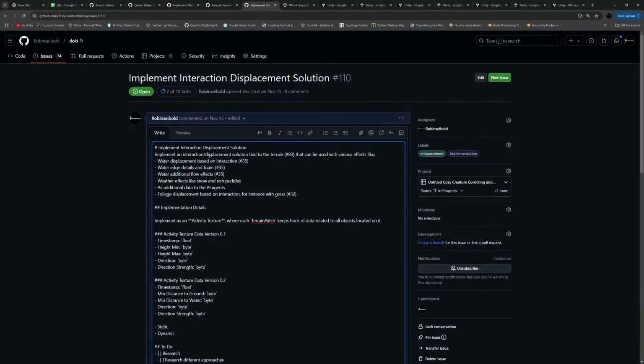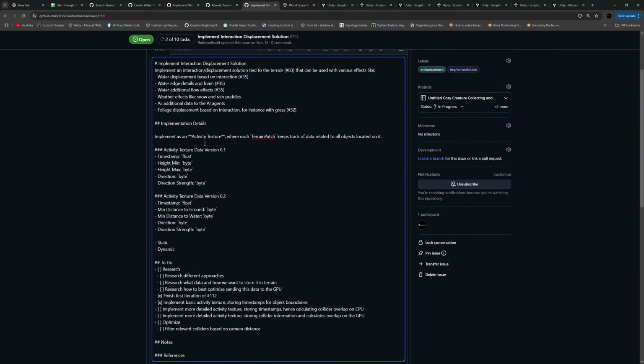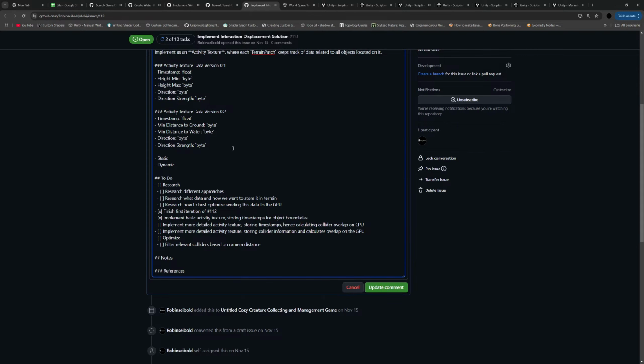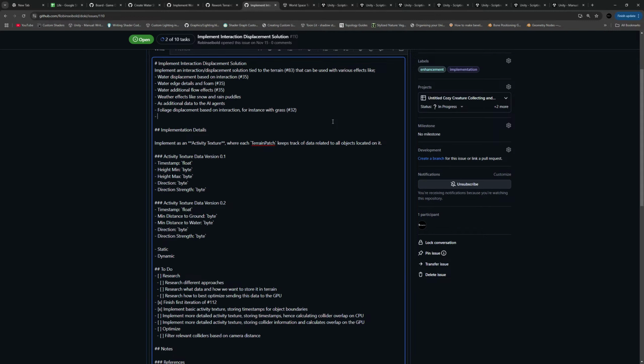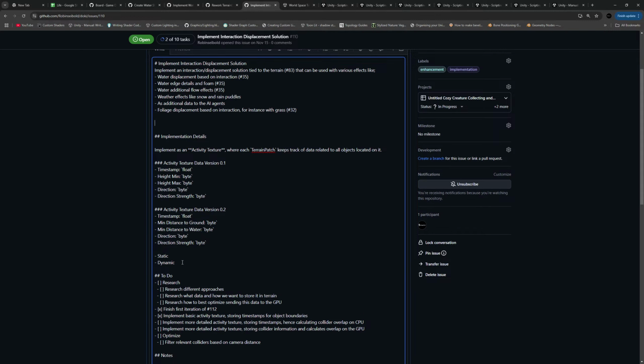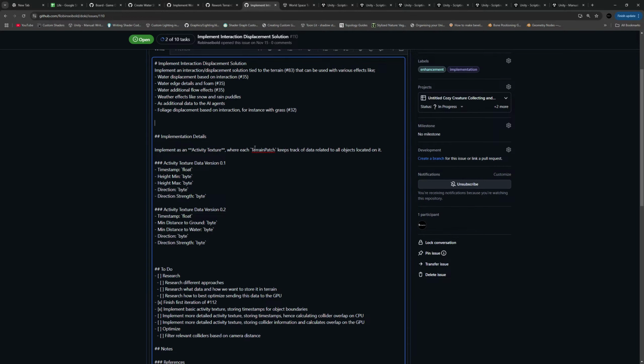How can I explain this? Implementation detail. Activity.